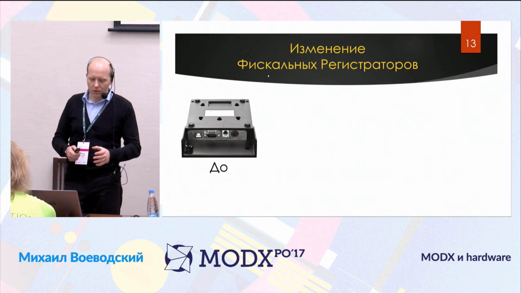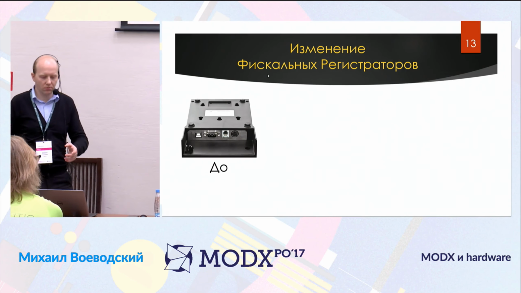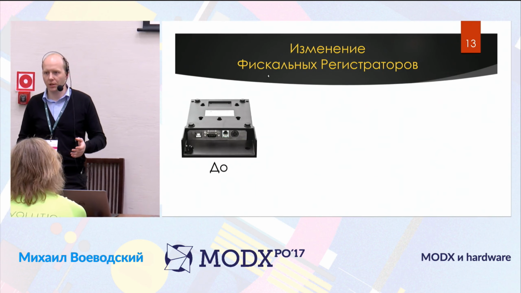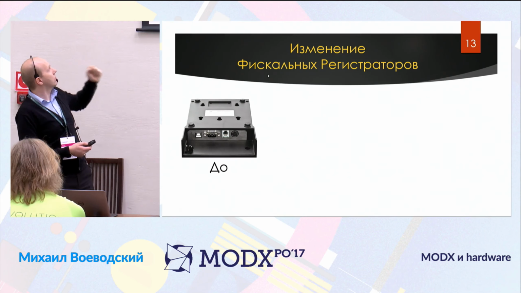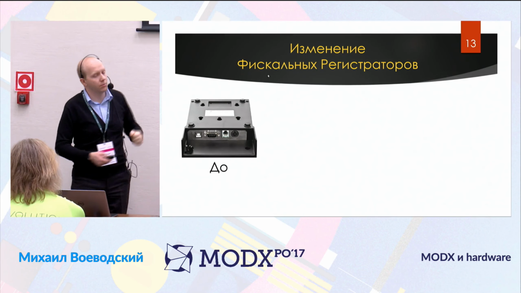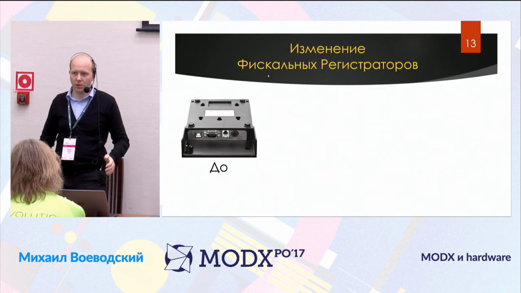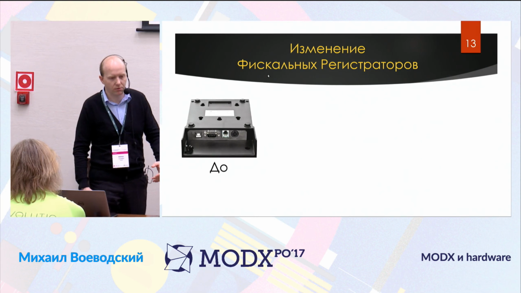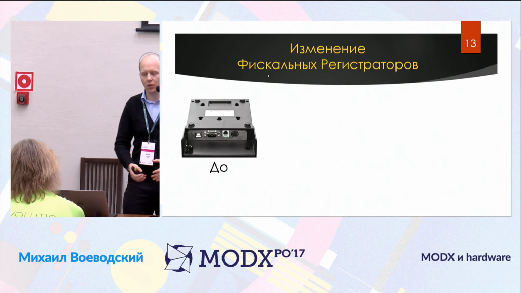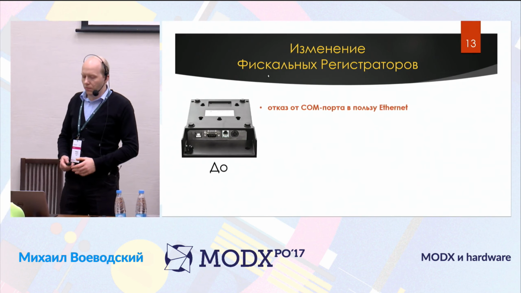Before this law was adopted, the fiscal register looked like a piece of equipment. You see its rear panel, where the biggest port is a COM port. It's apparent, and it's quite difficult to connect it to a service, especially if some kind of household computer serves as a server and doesn't have this port.